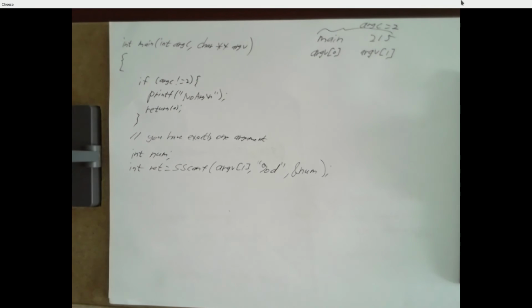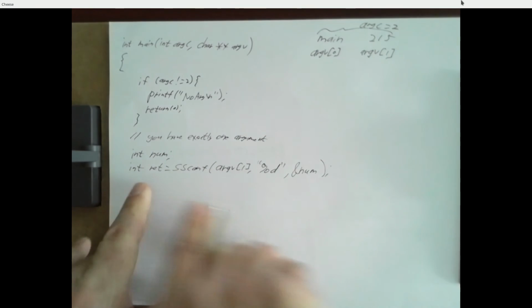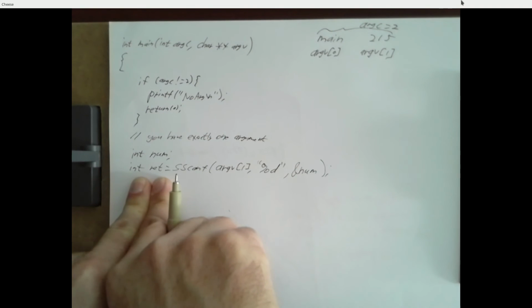Okay. If you do atoi, ASCII to integer, that doesn't tell you if you have an integer or not. If it's not an integer, it'll convert to 0. But if it's a 0, it'll also convert to 0. So there's no way to look at the result of atoi and know if you had a valid integer or not. So scanf does that for you. So convert your first argument as an integer, store the result in num, and let's see how many things we converted.